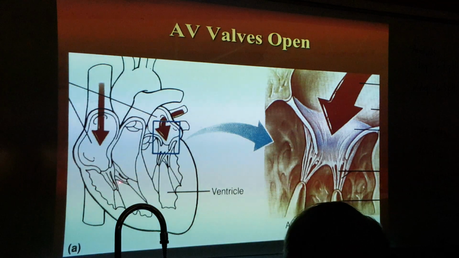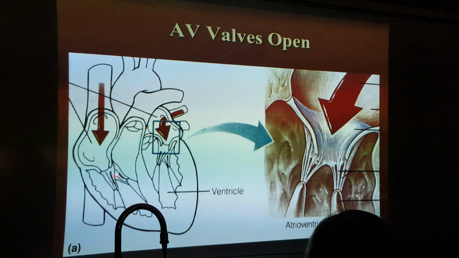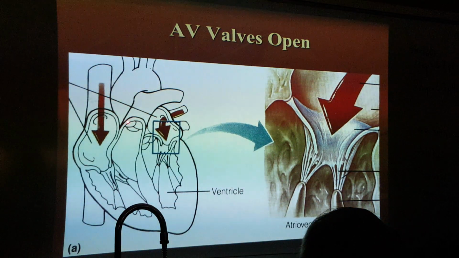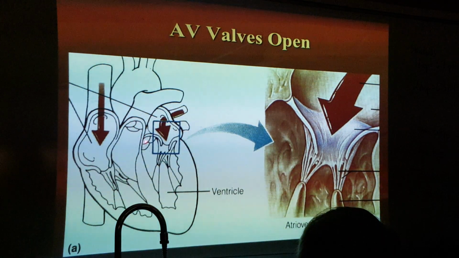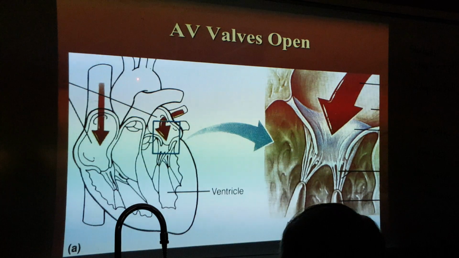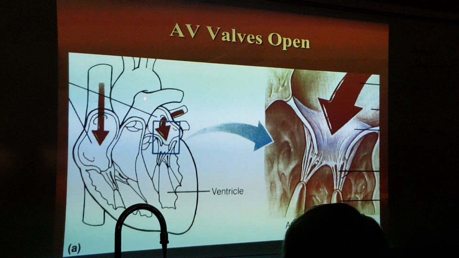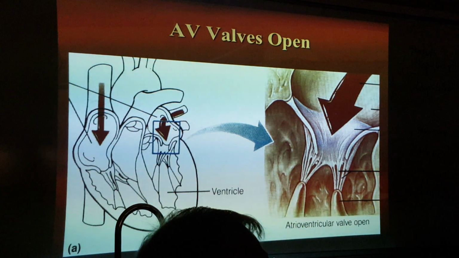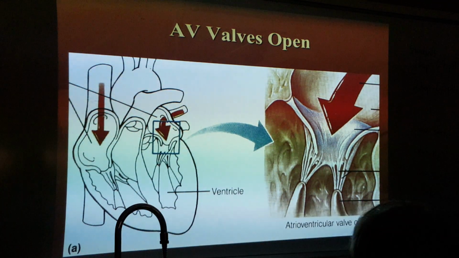And so you should be able to tell me that in this picture the heart is relaxed. And the semilunar valves are shut. They are forced shut by the pressure in the arteries, which stays up. The pressure in the arteries never drops below the hypothetical 80, 120 over 80, or whatever it is.